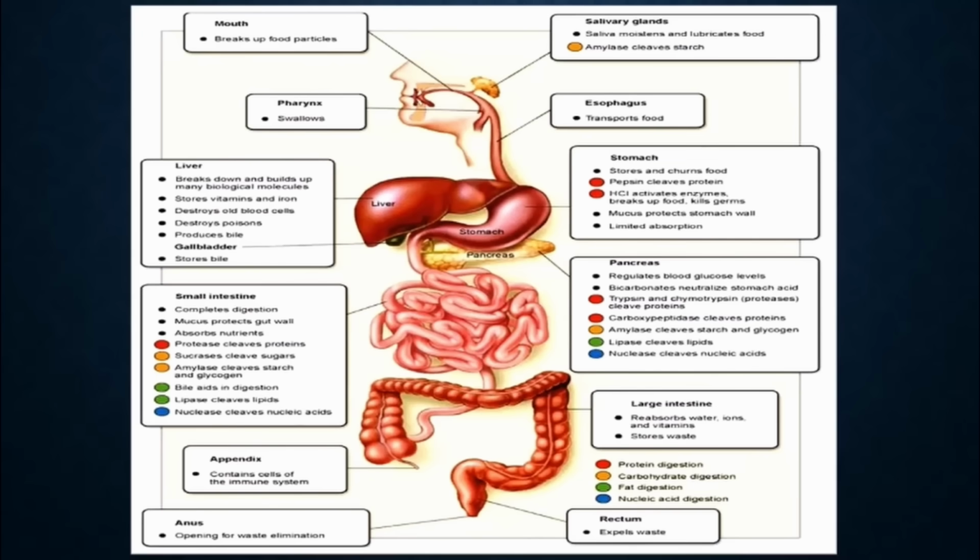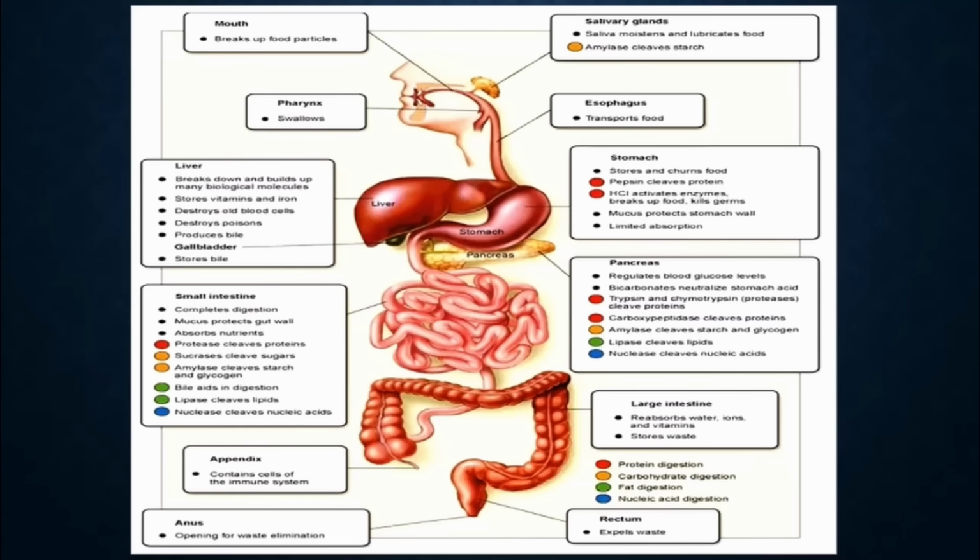For example, we can start with the mouth, which is the initial point of ingestion. The mouth has dentition and teeth that help in breaking down the food particles, and the salivary glands present in the buccal cavity moisten and lubricate the food first.